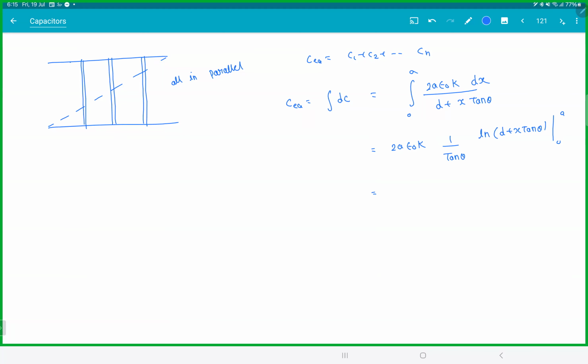And we know tan theta is equal to d by a. This will be 2a square k by d, this is ln d. Tan theta is d by a, so this is ln 2. Clear?